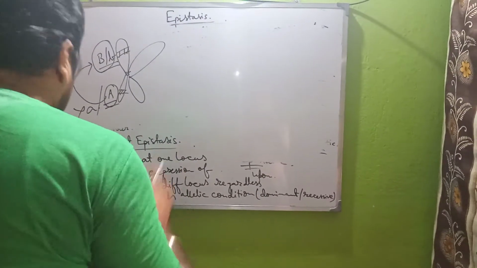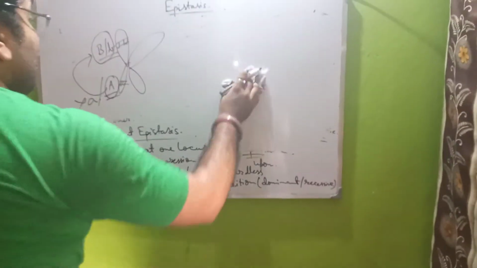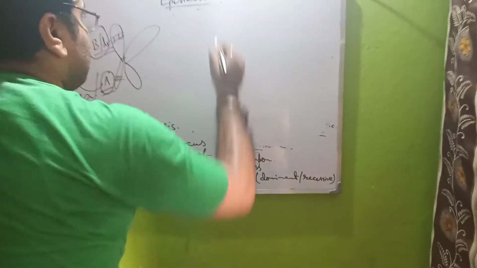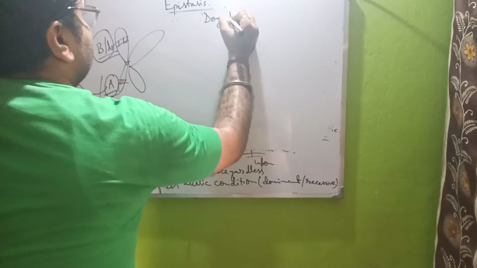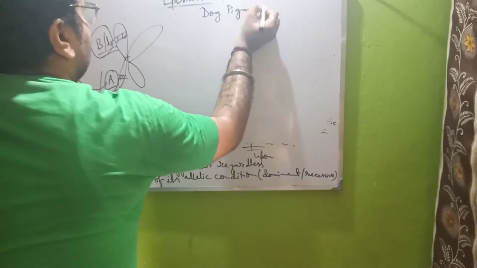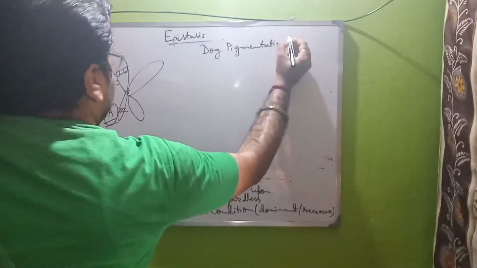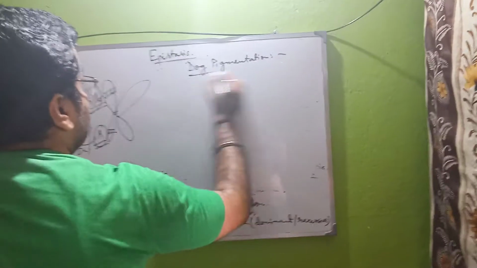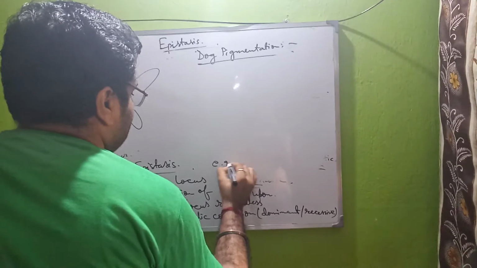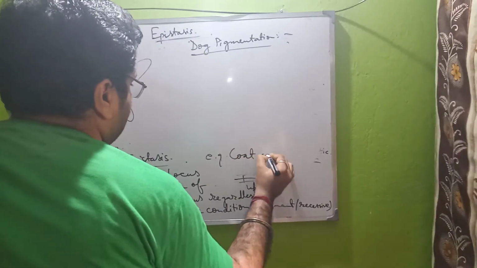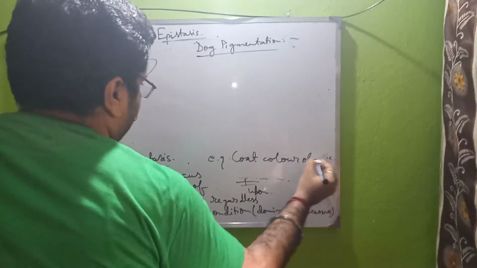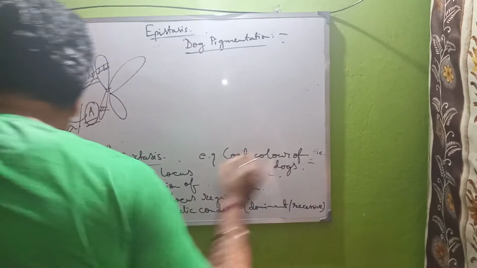Based on that, we have done a pedigree chart on dog pigmentation. The example is the coat color of dogs.